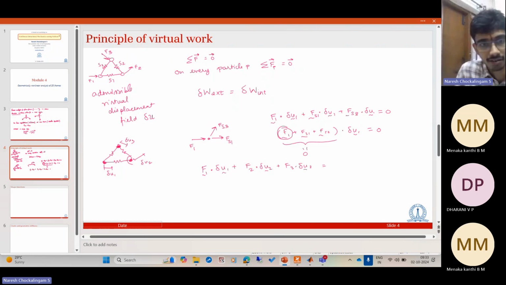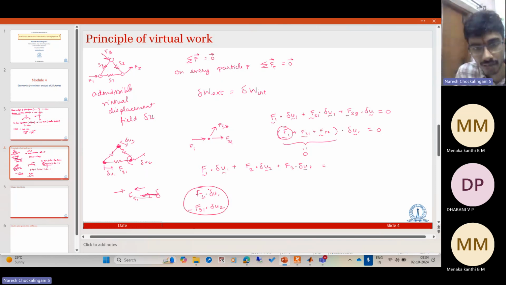So here there is an Fs1 acting. If you collect the coefficients, right? This Fs1 is acting on del U1 and on del U2. There's an Fs1 dot del U1, and there is a minus Fs1 dot del U2.